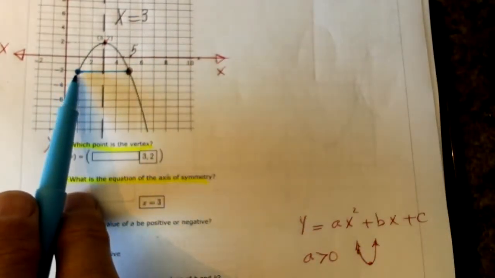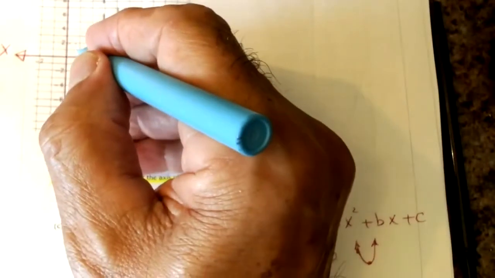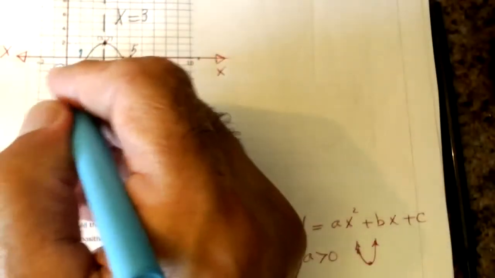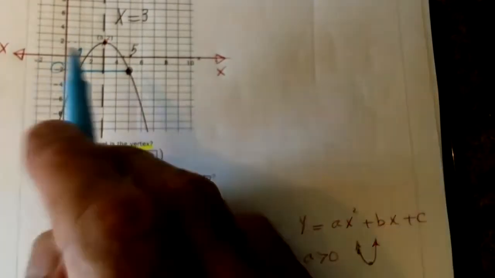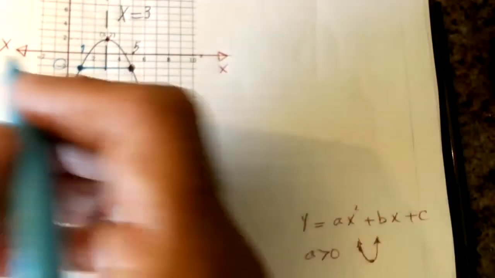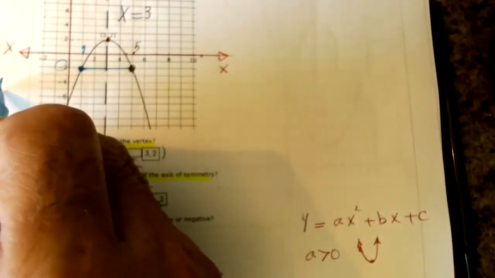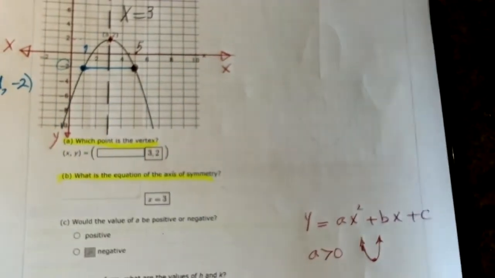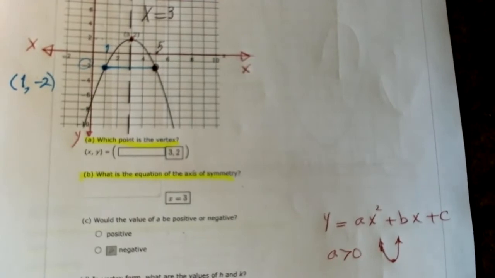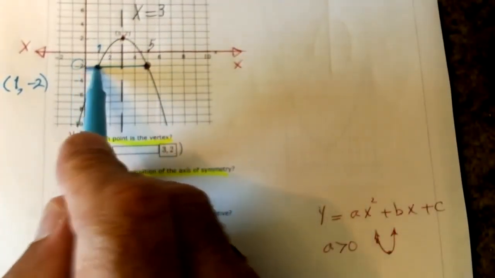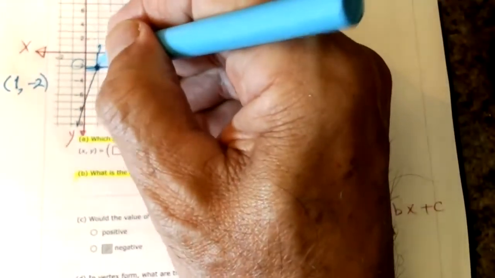The x is 1, and the y value is -2. So this point is x equal to 1, y is -2. That's the symmetric point: 1 and -2. You see that? X is from here to here, and y is -2.